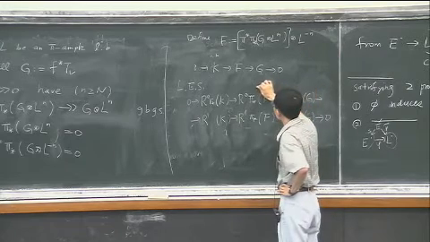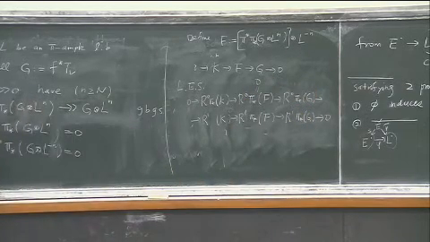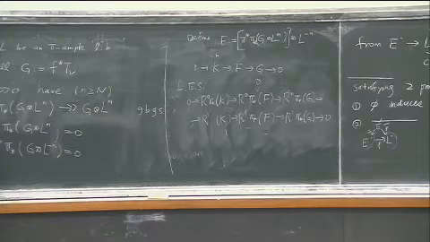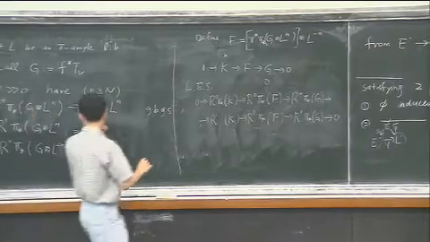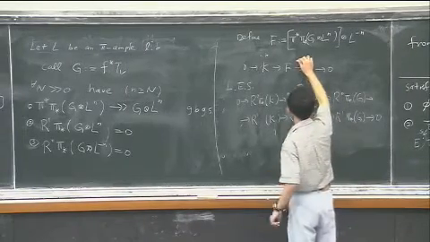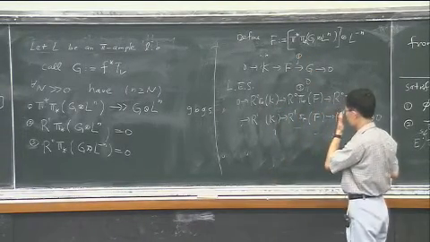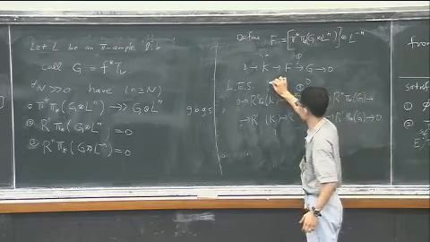Only this happens, so this will be 0 by the third. Maybe I'll put 1, 2, 3 so I can refer to them. By the third, I have this equal to 0. So this is by 1. And because of this 0, this has to be equal to 0 as well.